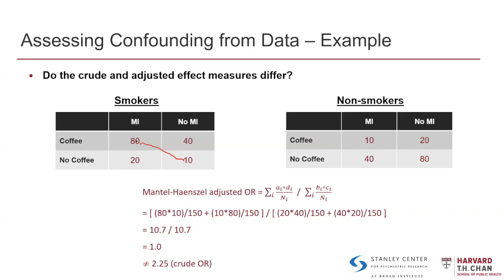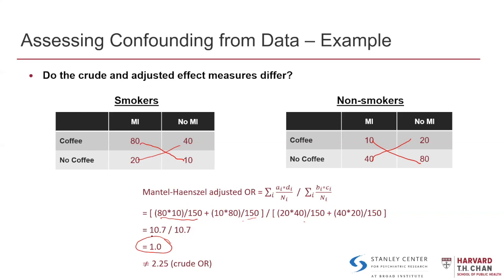So I would be multiplying 80 by 10 divided by 150, and I add that to 10 times 80 over 150, because I have 150 as the total number. And I divide that by 20 times 40 over 150 plus 40 times 20 over 150, and I get 1.0.